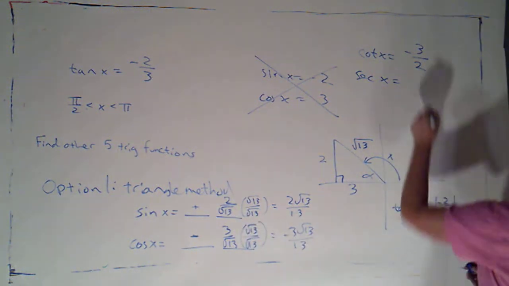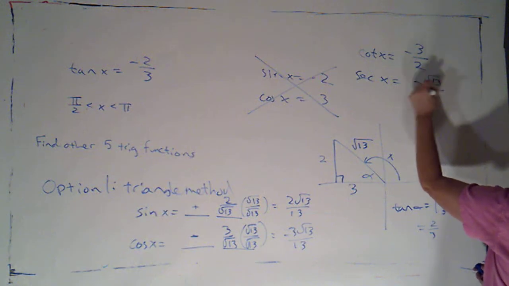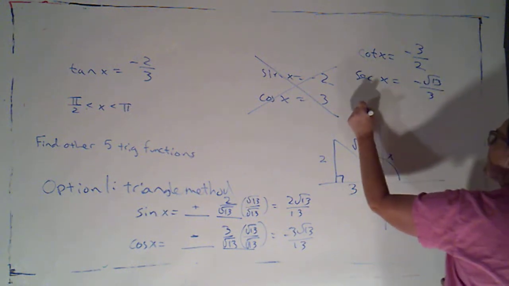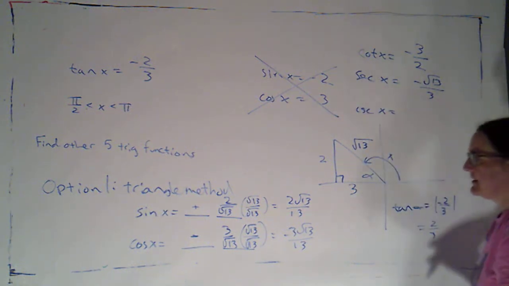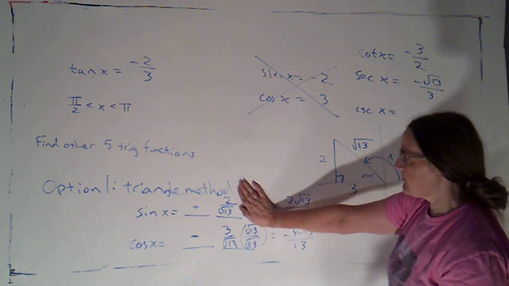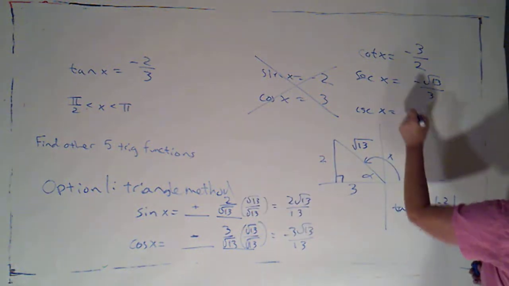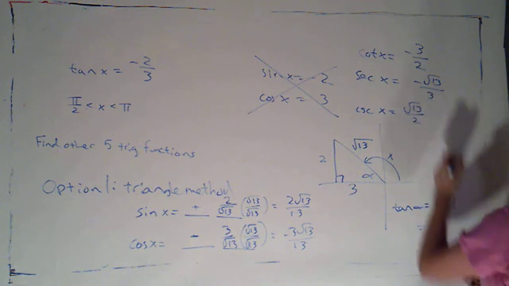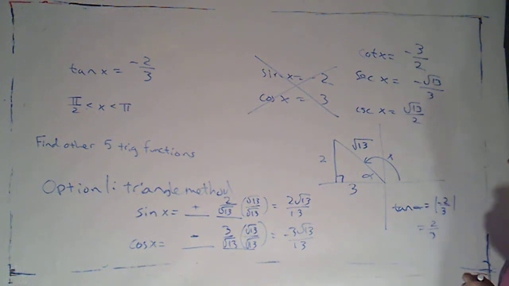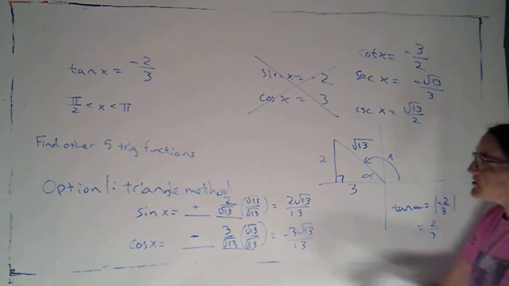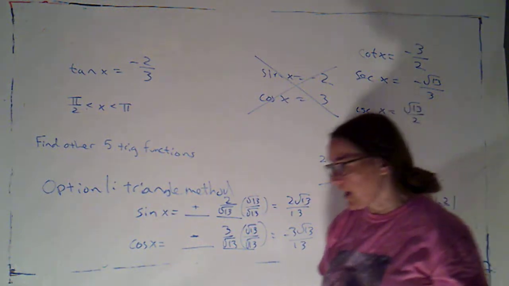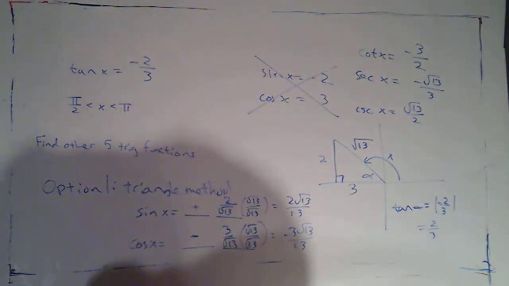And if I flip it, that just becomes negative root 13 over 3. And then cosecant of x, same thing. That was my sine. If I flip it, I get root 13 over 2. Okay. So that was using option 1, which is the triangle method.